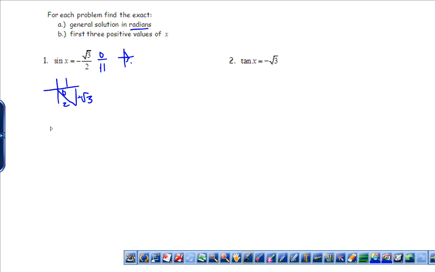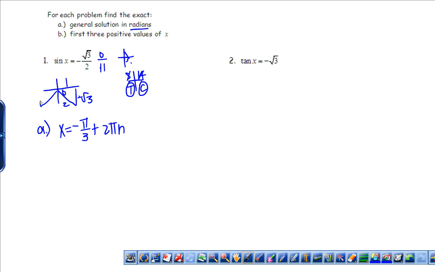So the first thing I'm going to do is set up my first general solution. So x is equal to negative pi over 3 plus 2 pi n. When I check all students take calculus, my angle is negative, so sine can't be here or here. I've already built a triangle here, and I need to build it right here.